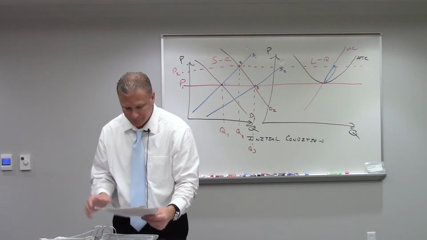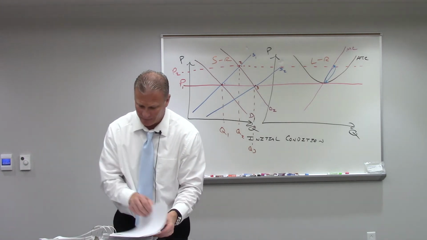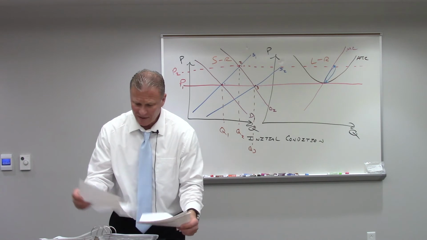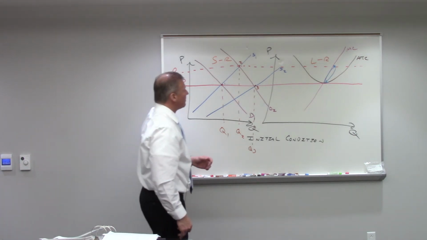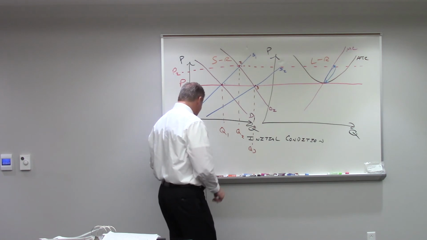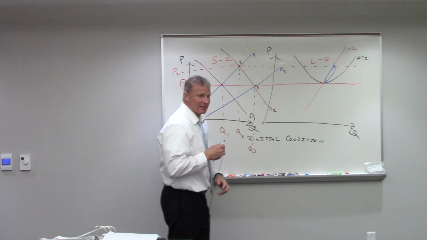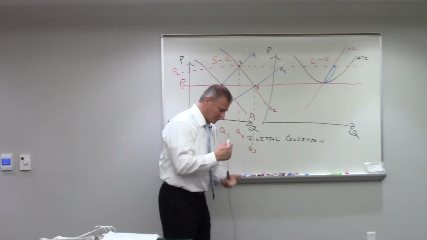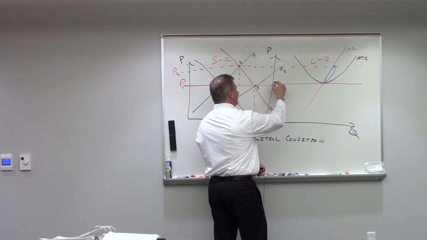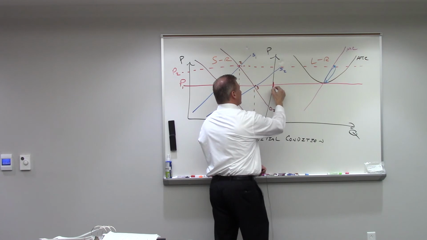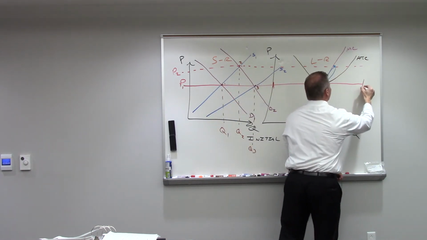Now with that said, one of the things that can be said about a competitive market, and this is something new we're just throwing in here now, is that on this side, let me go ahead and mark it off here.